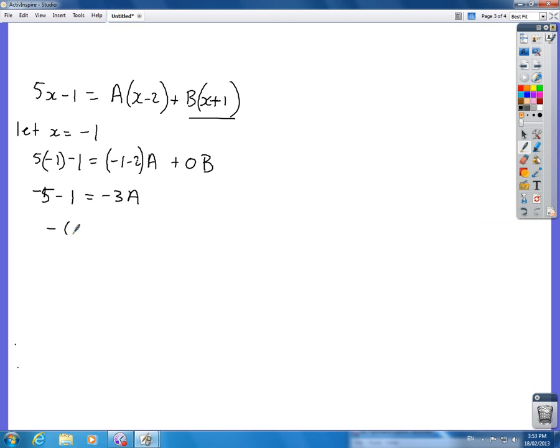So -6 equals -3A, A equals 2. -6 divided by -3 gives me positive 2.